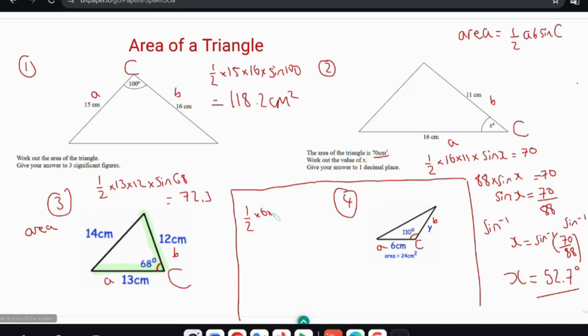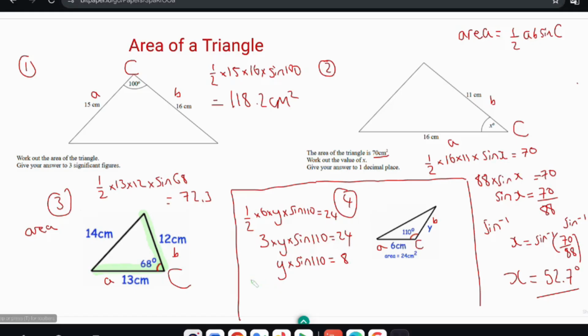Half times 6 times y times sine 110 is equal to 24. Half of 6 is 3. So 3 times y times sine 110 is equal to 24. You've got a couple of different ways to approach this, but I'm going to divide both sides by 3 first, which gives you y times sine 110 is equal to 8.